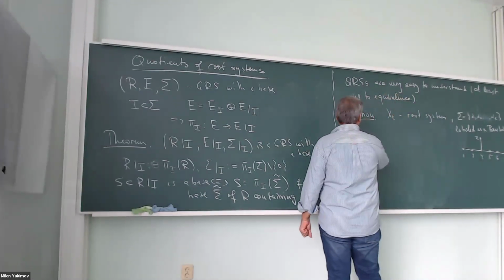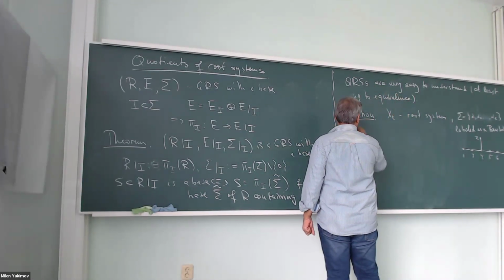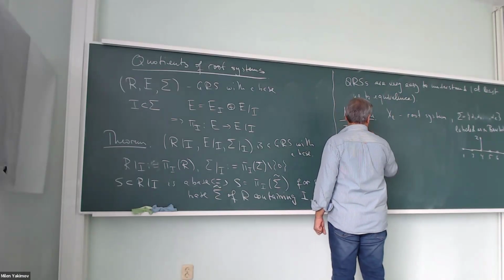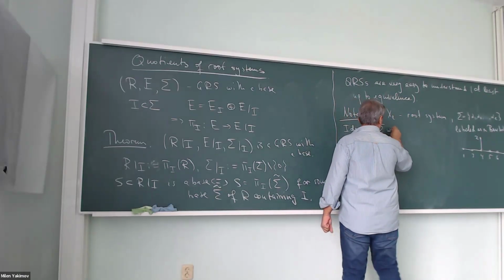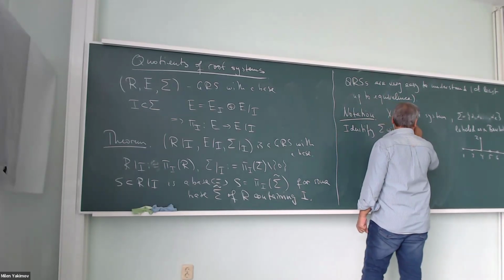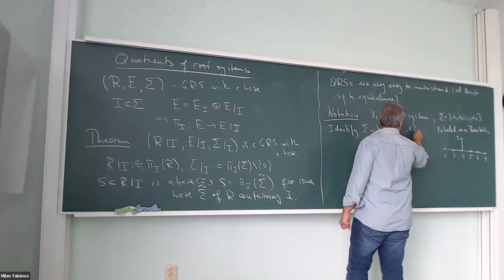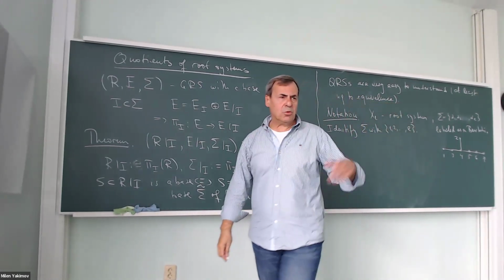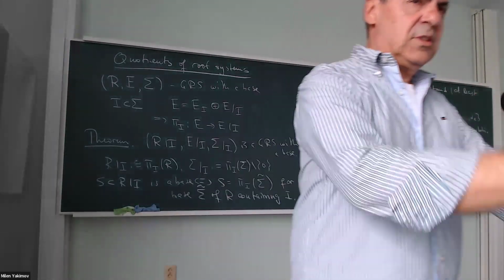So now I am identifying sigma with just the set 1, 2, ..., L. I'm just going to write out the indices.